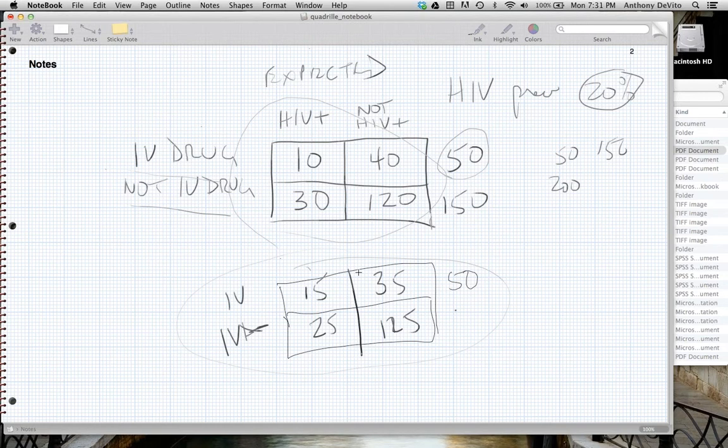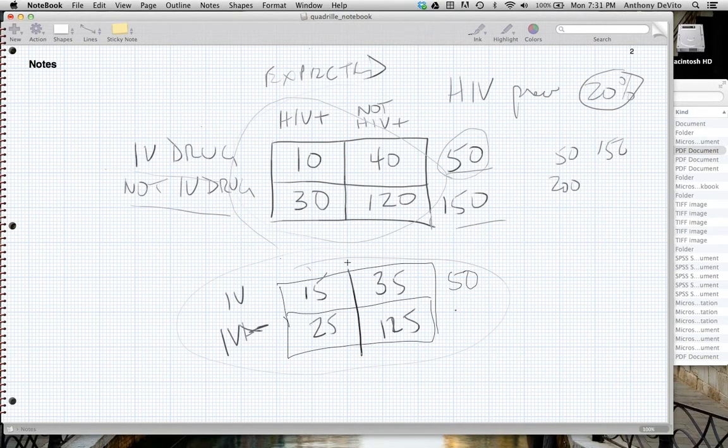So now let's think about this for a second. If I were to do a study where there's no relationship between IV drug use and being HIV positive, in a population where this was true, and I sampled 50 people that were drug users and 50 that were not, would I expect to get exactly 10 and 30 as the result?